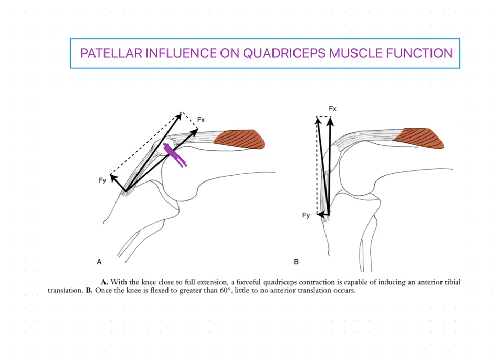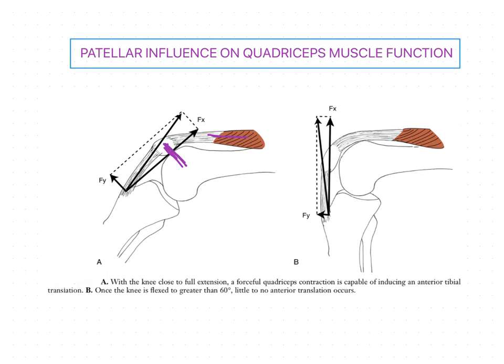And if you see, the length-tension in the quadriceps muscle also increased in the range of 45 to 60 degrees of knee flexion. Then it creates maximum extension torque at this point.